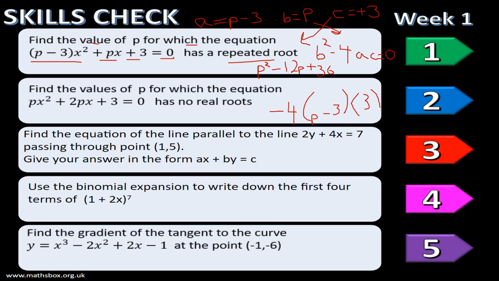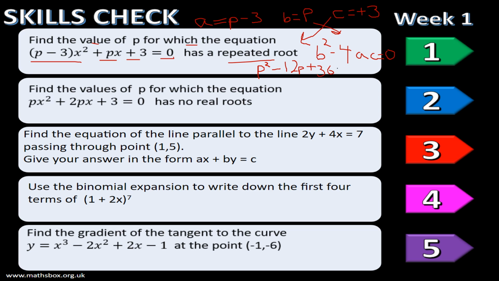When you times all this out, it gives you minus 4p plus 12. Times that by 3, and you get minus 12p plus 36. I hope that makes sense, because minus 4 times 3 is minus 12, so you have minus 12 lots of all this. So minus 12p plus 36, and that's going to be equal to 0.